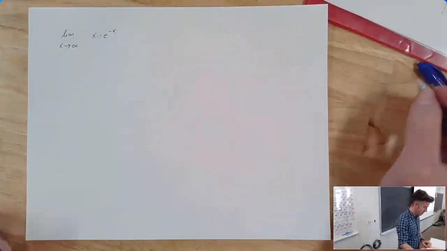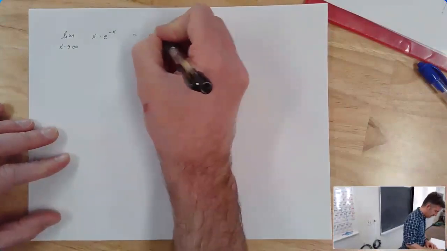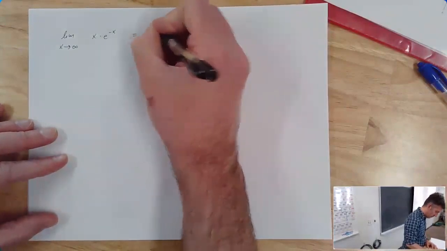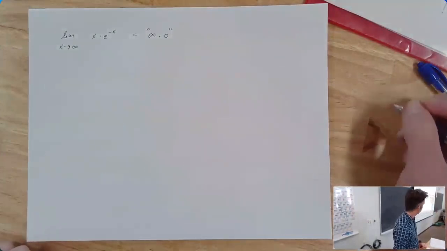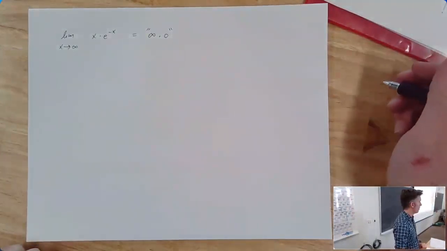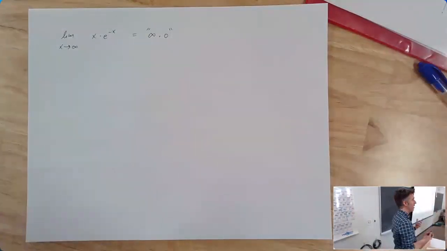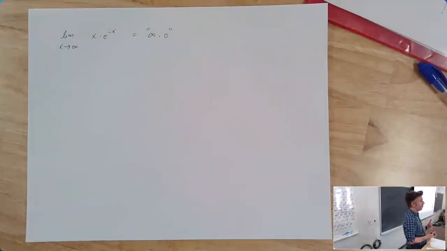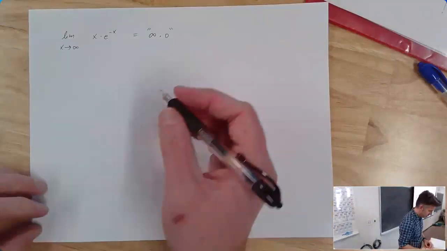That's certainly an infinity times 0 indeterminate form. And again, to echo what we were saying before, not really infinity times 0. It's really a big number times a small number. And we're trying to figure out what's happening to this big number times a small number. Is it going to be really big? Is it going to be really small? Is it going to be somewhere in between?